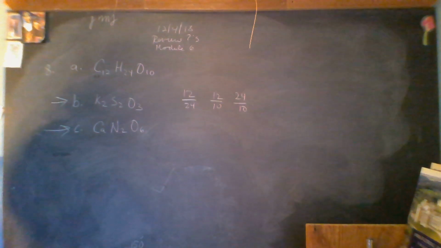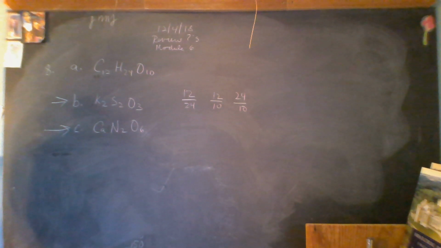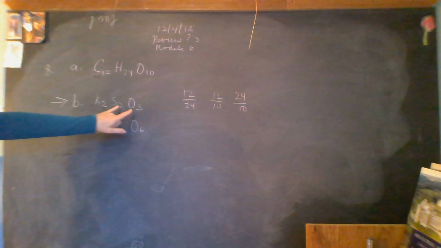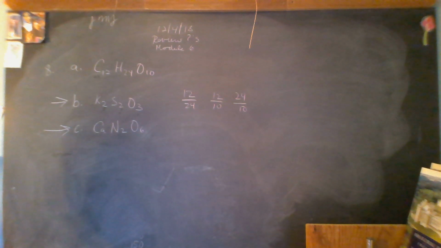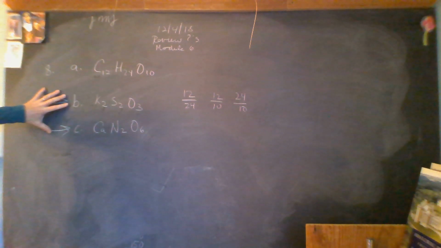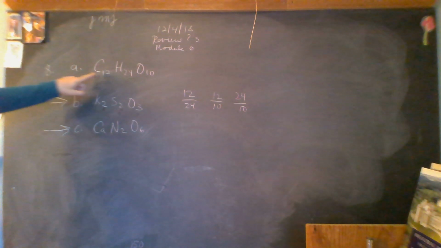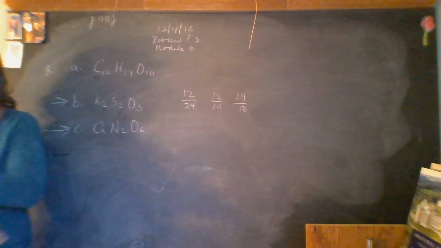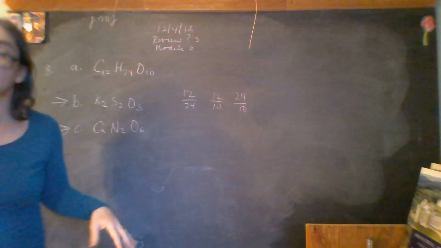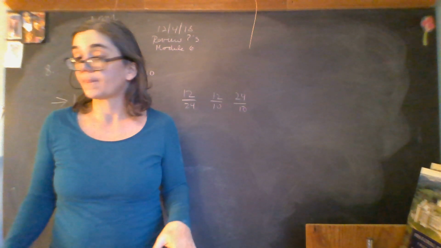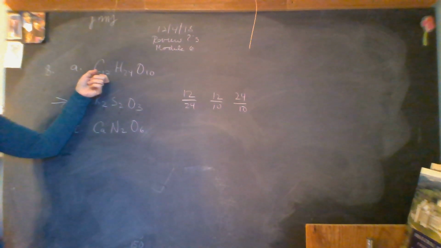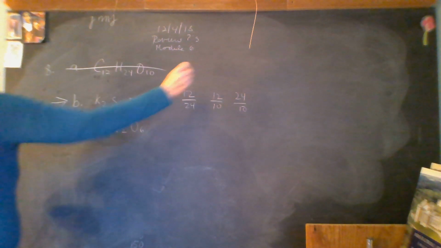Can you reduce these? You could reduce two twos to 1, but you can't do it with 2/3 or 3/2. So these two are empirical formulas. This one is not, because it's not written in the simplest whole number ratio it can be. Does that make sense? Yeah. This is the molecular formula.